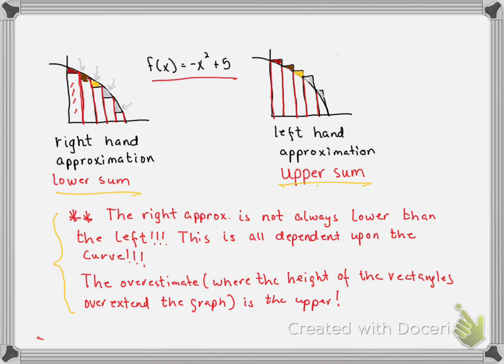The only thing you need to remember is that the overestimate, in other words where the height overextends the curve, is going to be the upper sum. It's not always going to be the left, and it's not always going to be the right. It all depends on the curve.